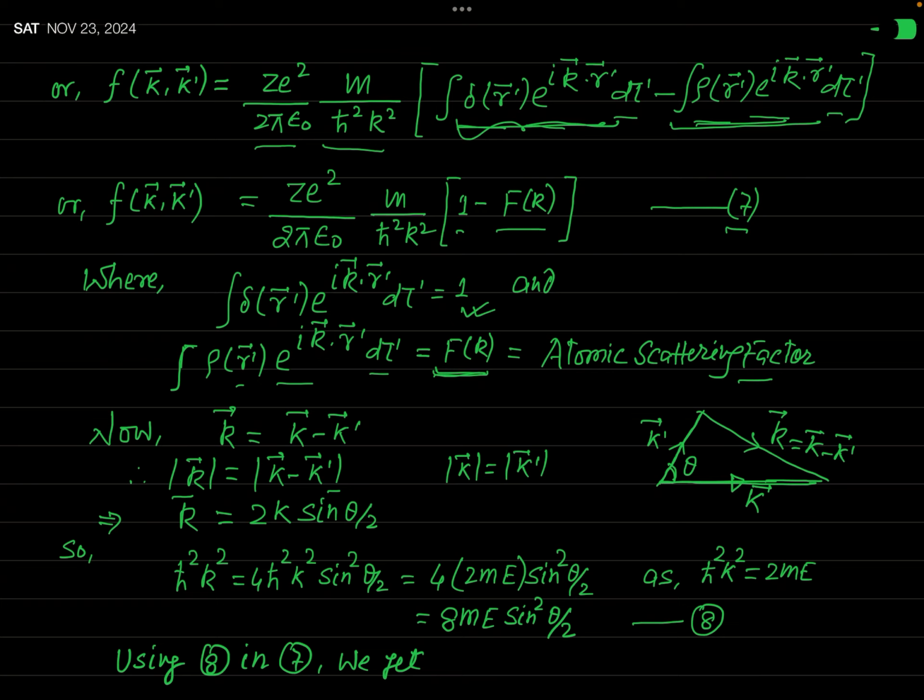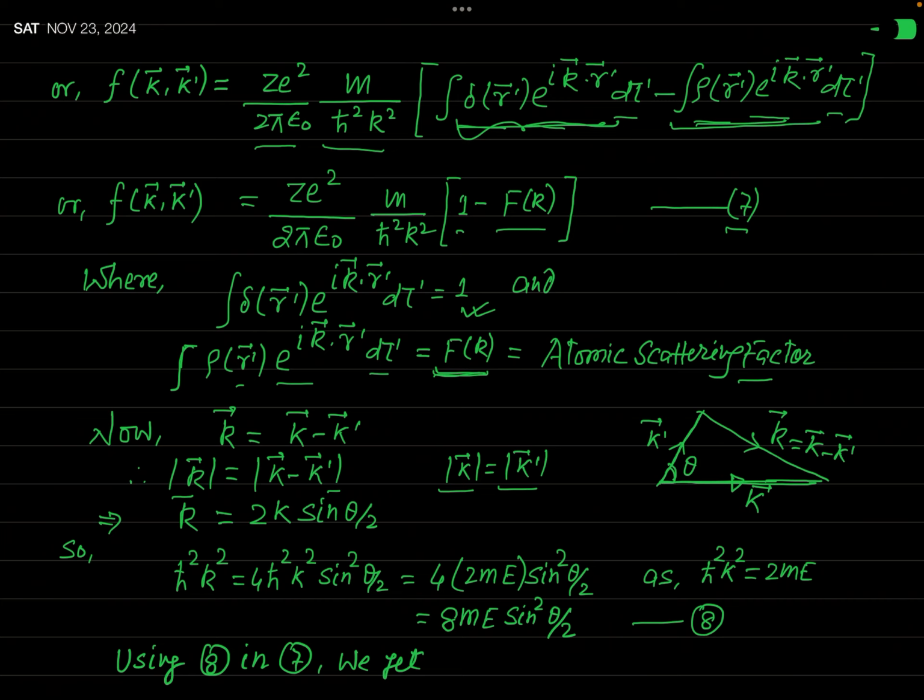But as you know, the magnitudes of vector k and vector k dash are equal. And when you find the modulus of vector a minus b, if the magnitudes of vectors a and b are equal and theta is the angle between them, then simply mod of a minus b is equal to 2a sine theta by 2.